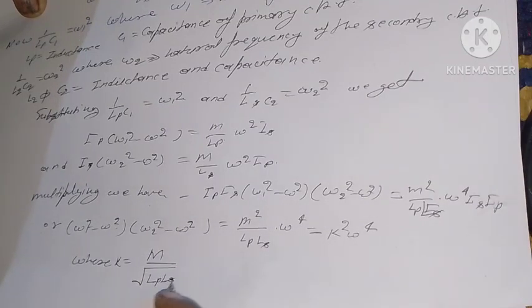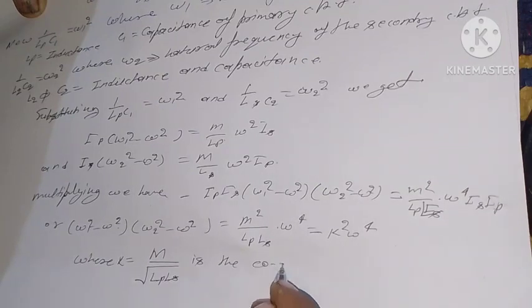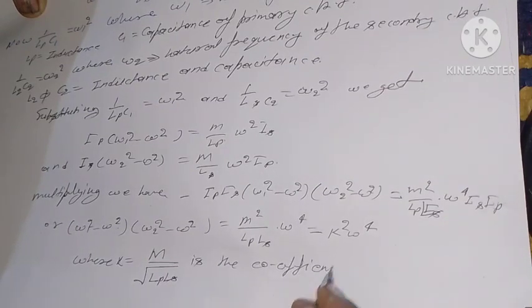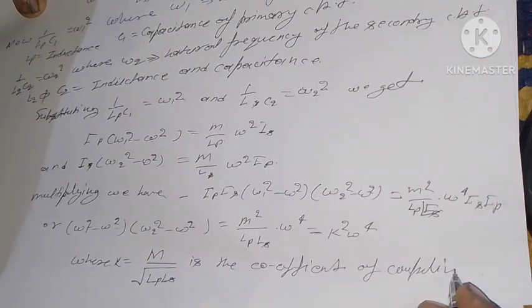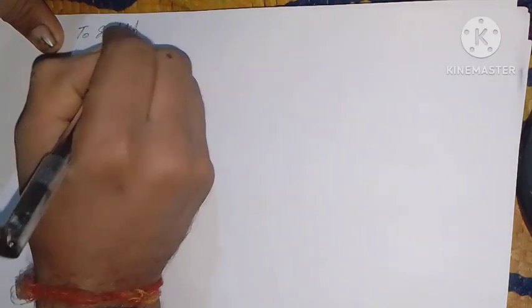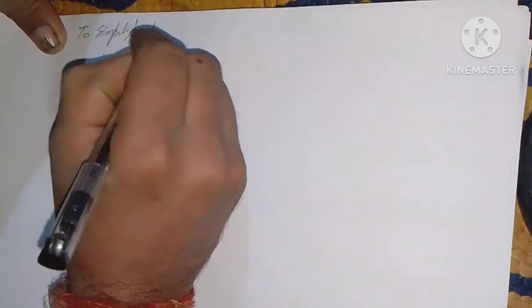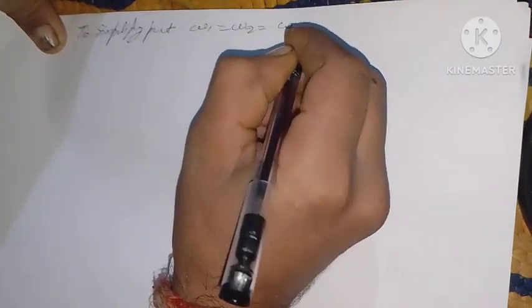K is the coefficient of coupling. Then to simplify, put W1 equal to W2 equal to W0.